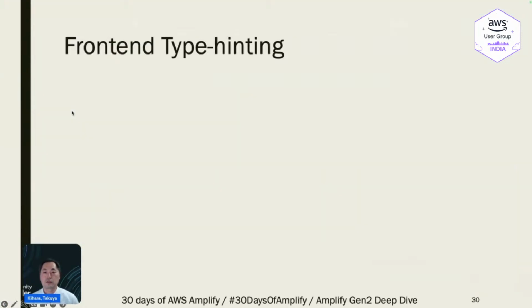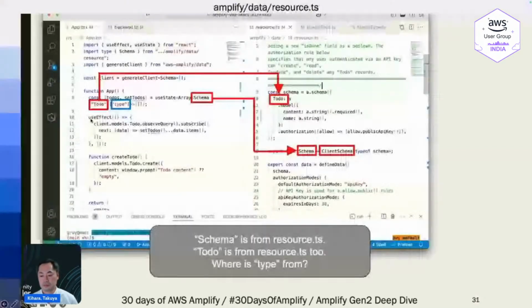Okay, next we will follow the flow of frontend type hinting. Here, we will refer to model type field. First, let's look at the code of the application created according to the Amplify documentation.